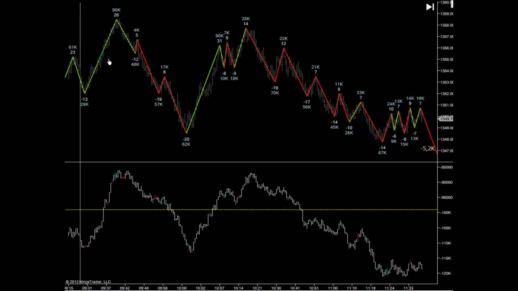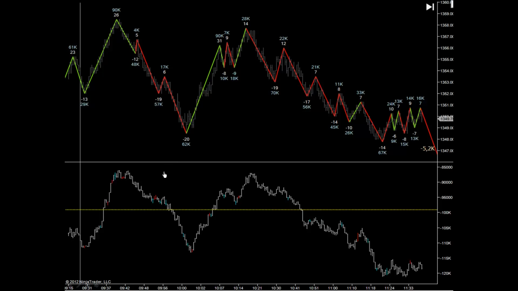We're also going to colour green if it's a swing down and the number of contracts traded in the swing down is less than the swing up. In other words, it stays green if the volume is to the upside, and it stays red if the volume is to the downside. Now the chart below, in the bottom half of the frame, is the cumulative delta. So that kind of explains what you're seeing on the chart.